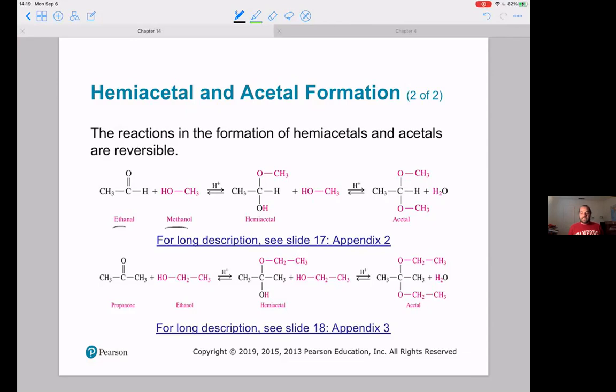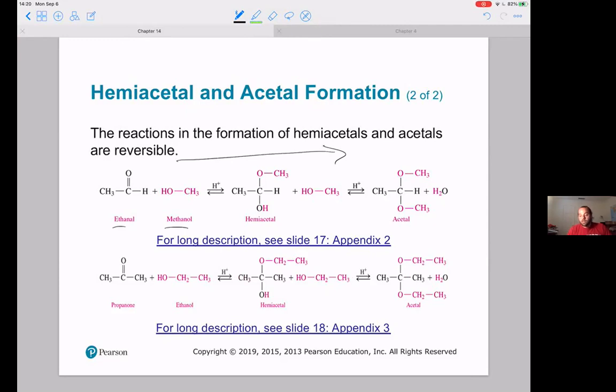Okay, and in fact, unless you have a really, really small aldehyde or ketone, those do favor this direction, acetal formation. The longer the carbon chain, the less favorable that acetal becomes.